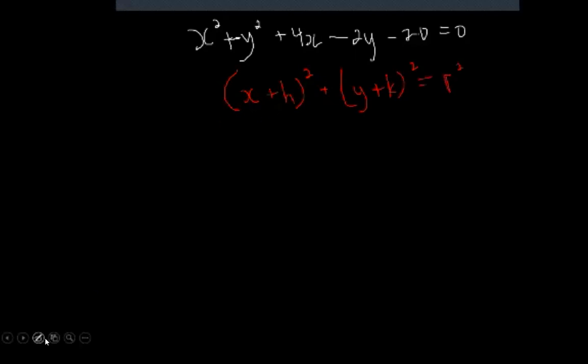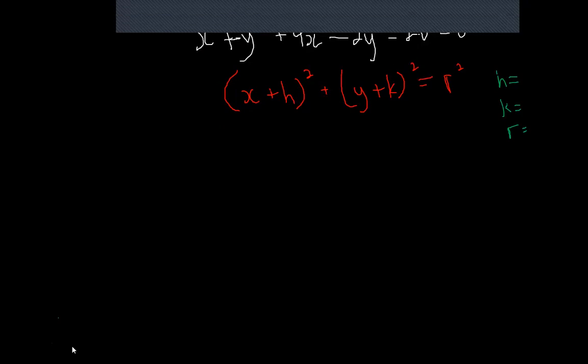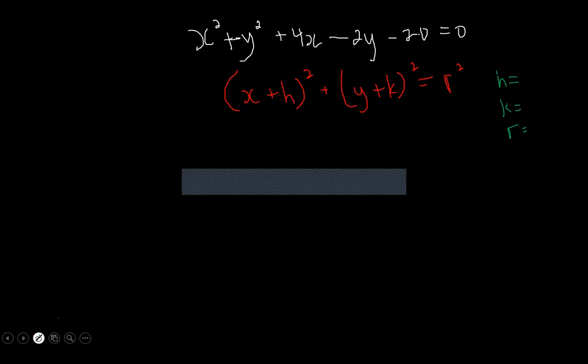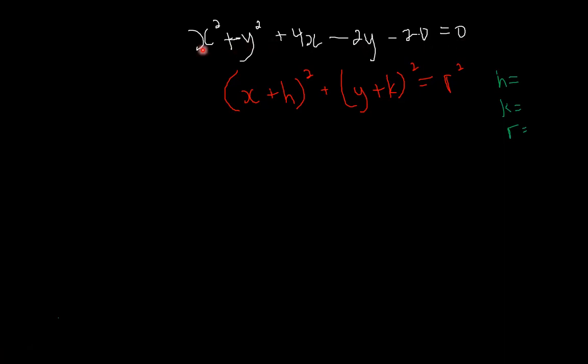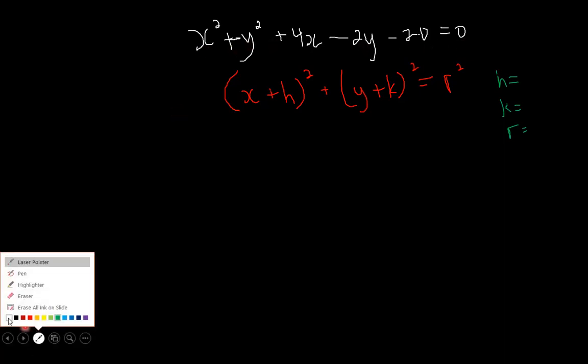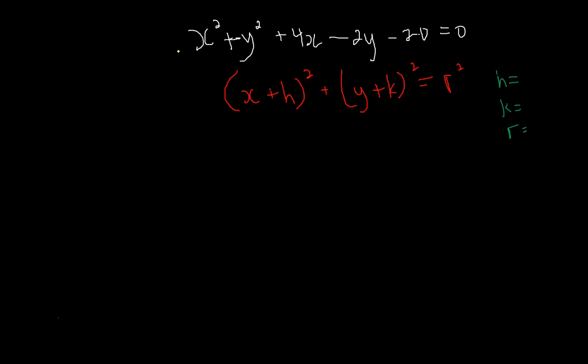If they want it in the standard form, that means we need h, k, and r, but we don't know those yet. We only have this equation up here. We could find h and k though.